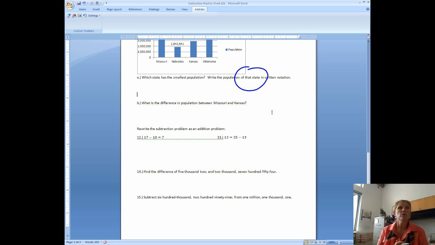When you say the word difference, the number that you say first has got to be the minuend, and the number you say second has got to be the subtrahend. So because I'm saying it this way, I need to write it that way. So 5,002 is my first number.